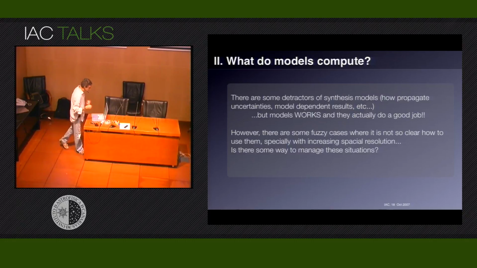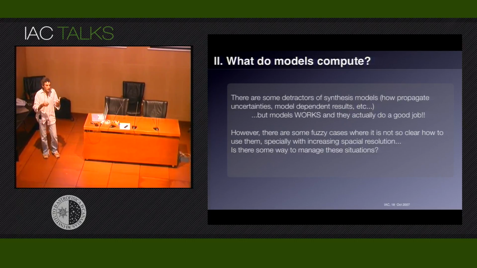So this is the general status that you always see in population synthesis. The problem is that there are some people who are detractors of synthesis models who say, how do you propagate uncertainties? The model results are dependent on the modeling. There is a lot of things. There is a problem there because, okay, you have all this mathematical thing, but it looks like magic, and you obtain a lot of things that people don't understand.